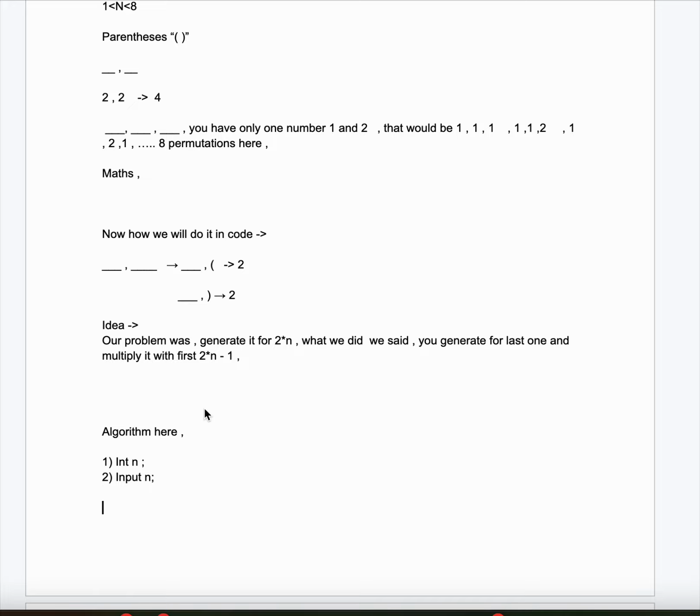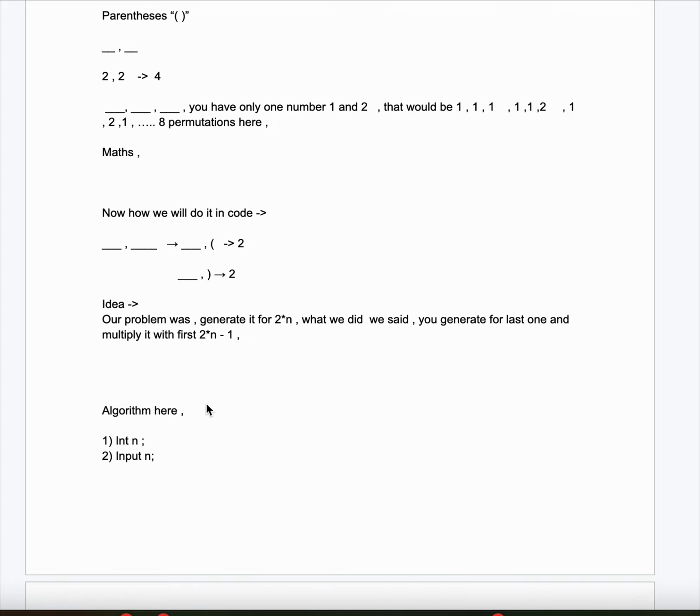Third, we will go on the solution now. We need to have some containers to store our answer. Everybody is familiar with vector if we are using C++. So a vector of string, let's say this is our answer.